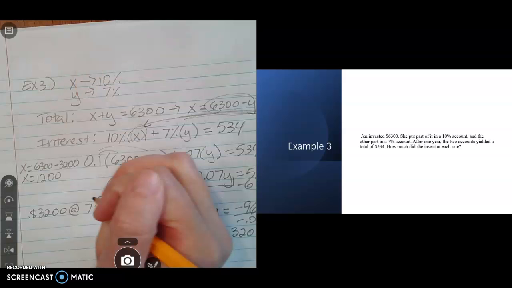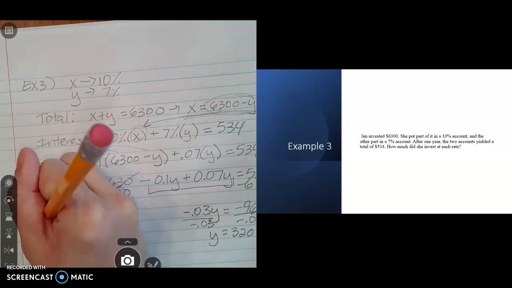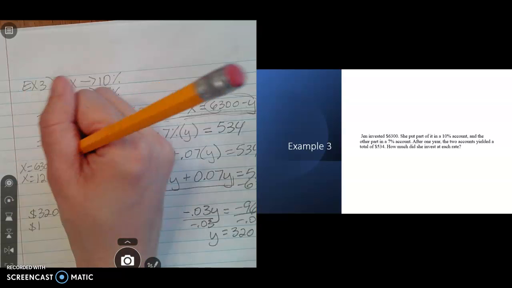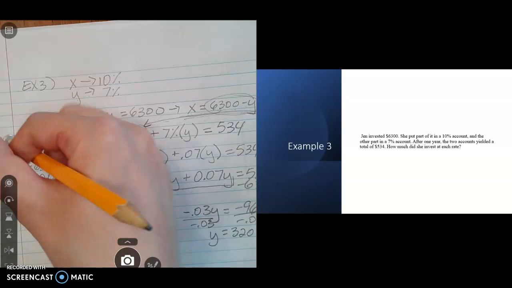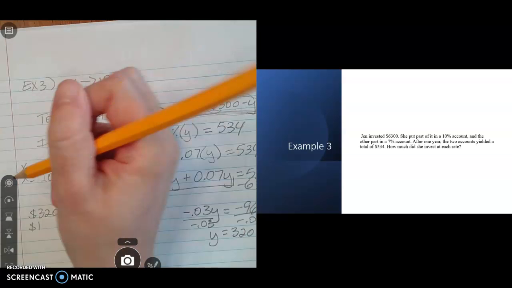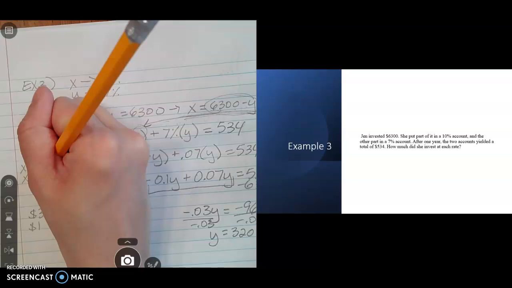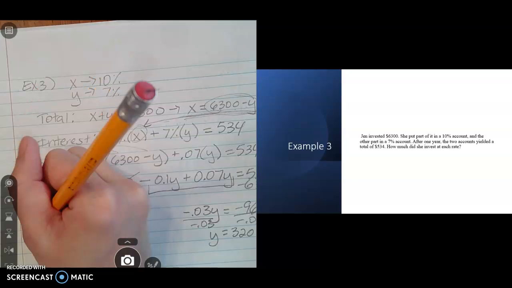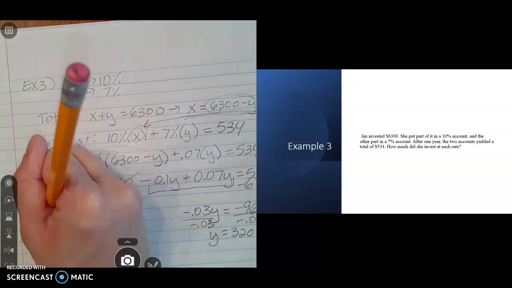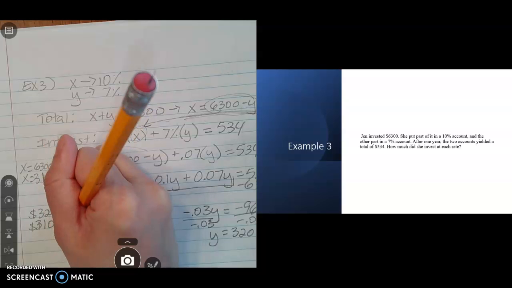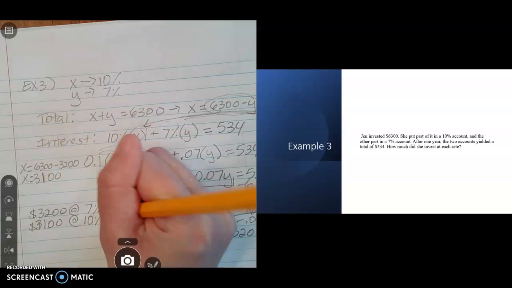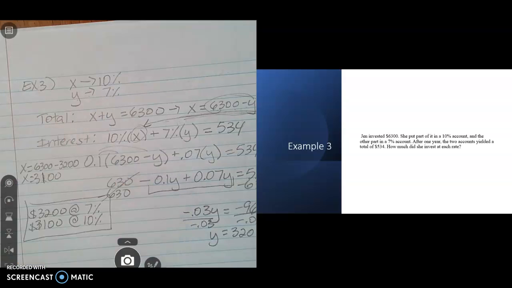Oh goodness, that's not right. My brain's not working. 6 minus 3 is 3, and 3 minus 2 is 1. So 3,100. Let's try that again. $3,100 is invested at 10% interest. And now we have our complete solution.